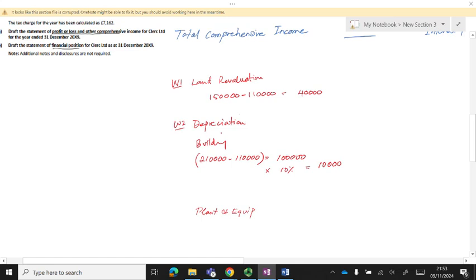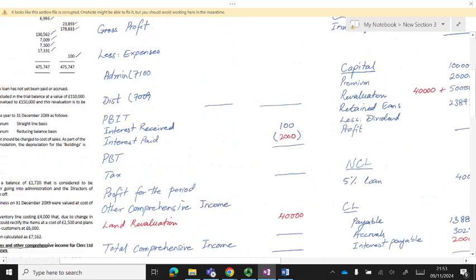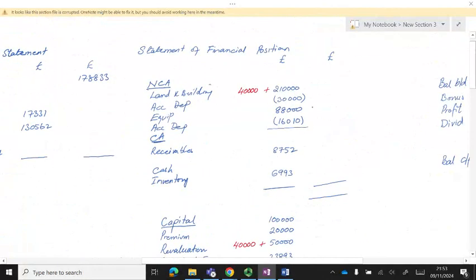The value of plant and equipment is 88,000, and the accumulated depreciation is 16,010.